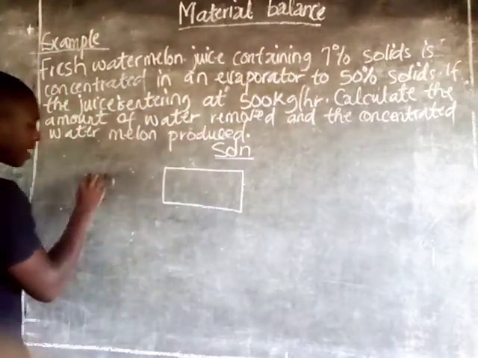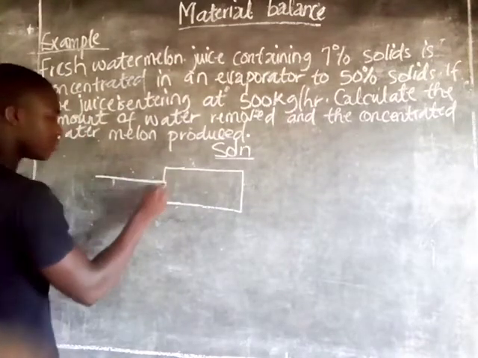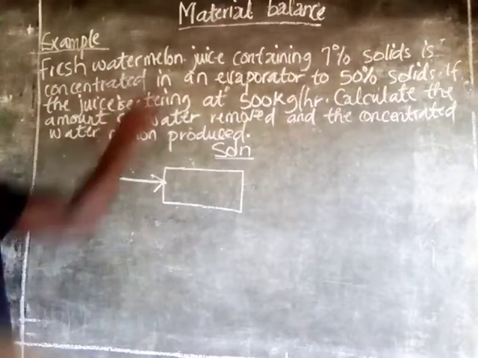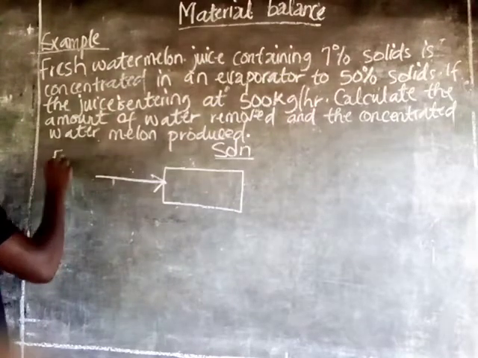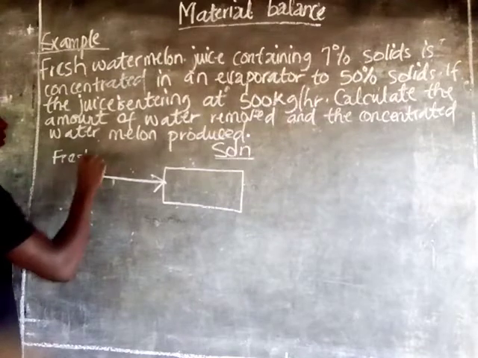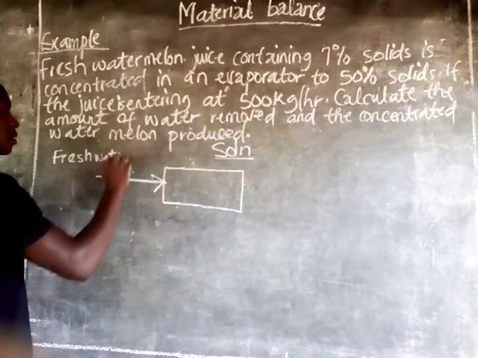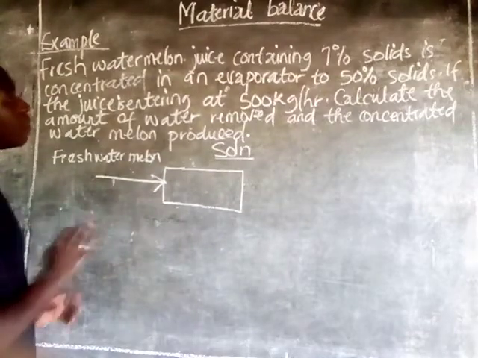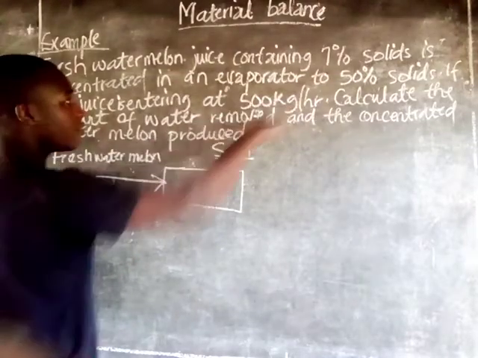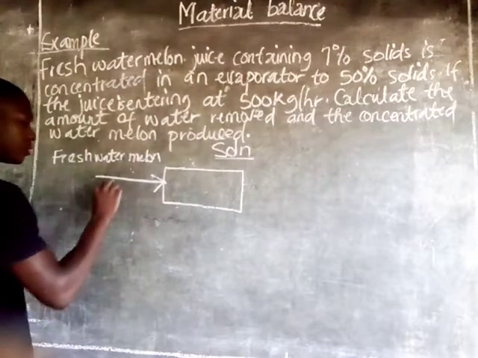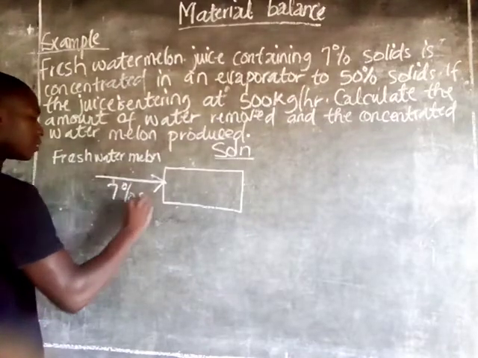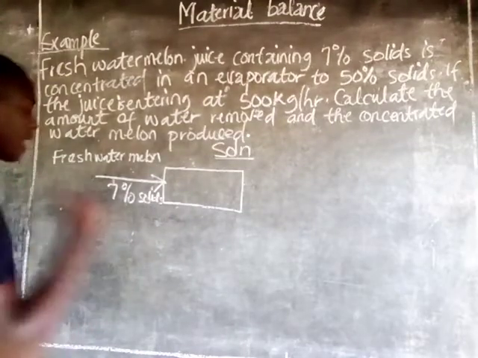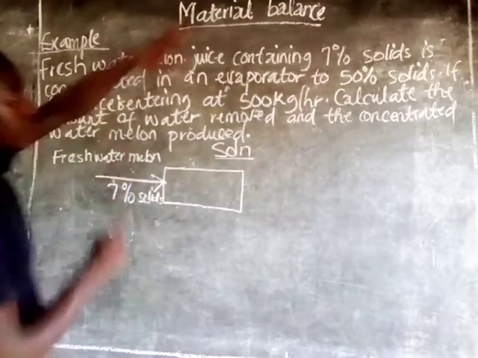What entered into the system was fresh watermelon. Now the fresh watermelon is containing 7% solid.